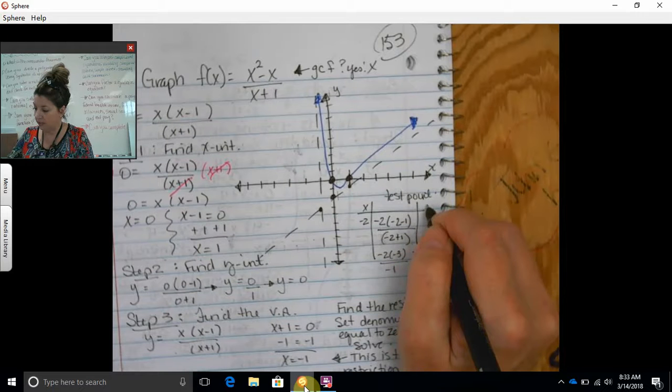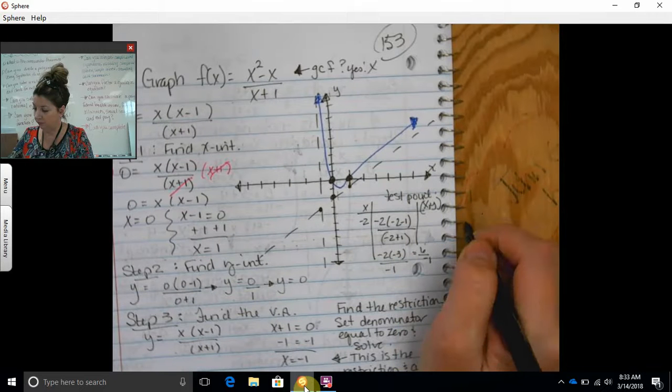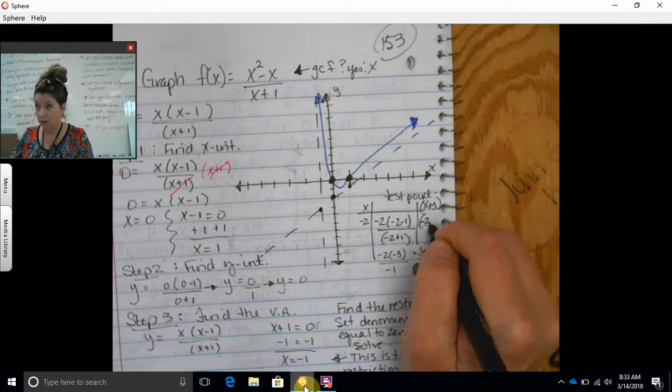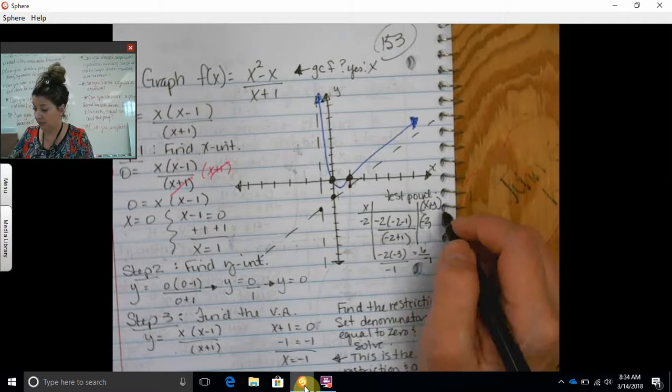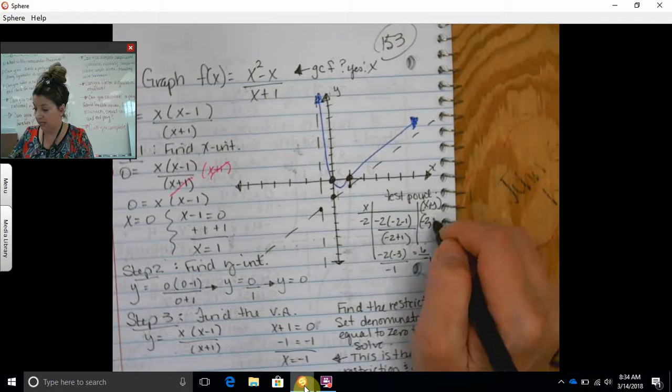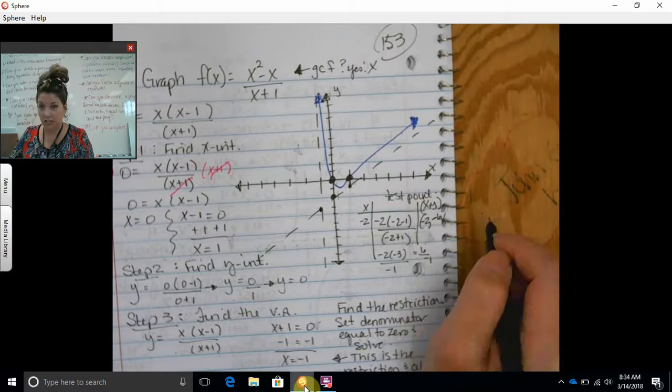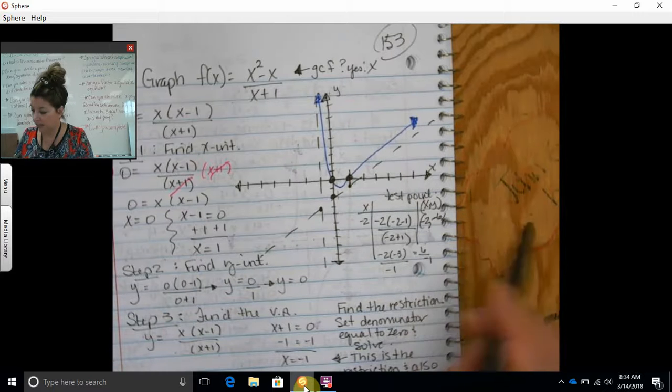And what is +6 divided by -1? Y'all know? What's 6 divided by 1? 6. What's a positive divided by a negative? Negative, so it's -6. So my ordered pair is -2, comma -6.